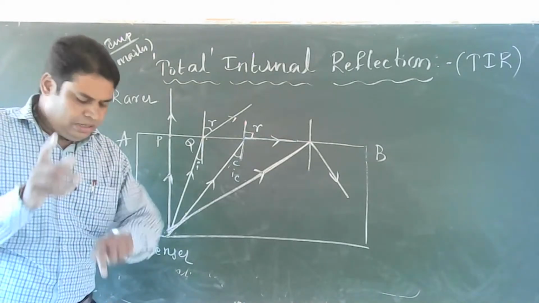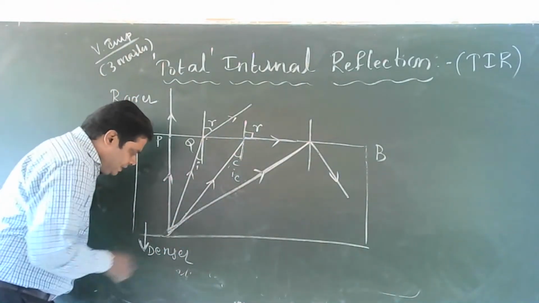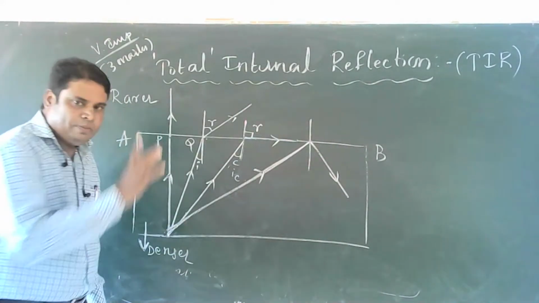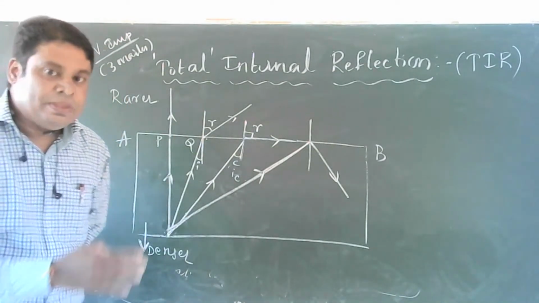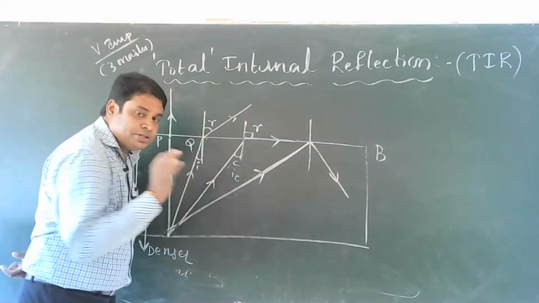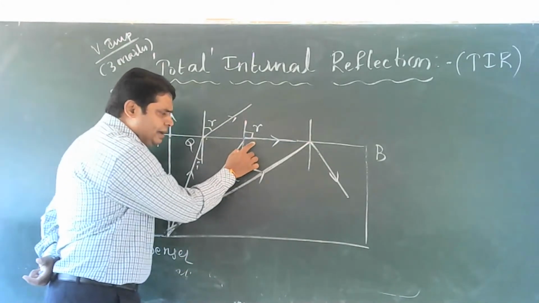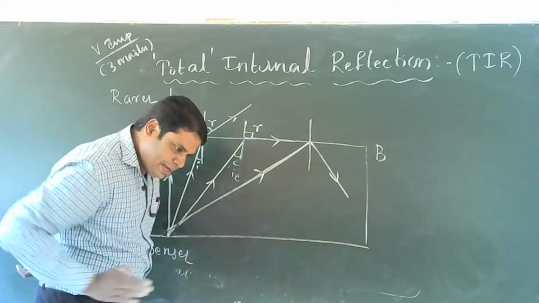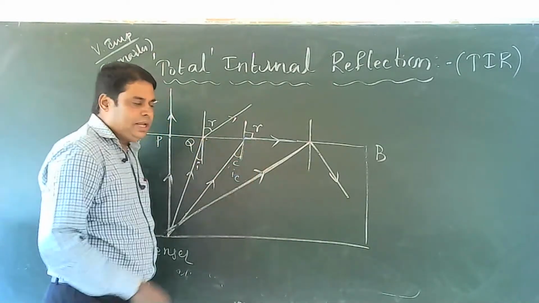Hope you understood. Once again, let me repeat. When a point object is kept in the denser medium, the first ray which is incident along the normal will move without deviation. First point. As we increase the angle of incidence, the angle of refraction also increases. Second point. Third point: for a certain value of the angle of incidence, your angle of refraction is 90 degrees, and it will move along the surface, grazing the surface separating the two media.